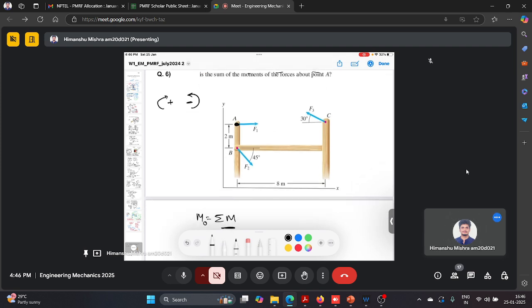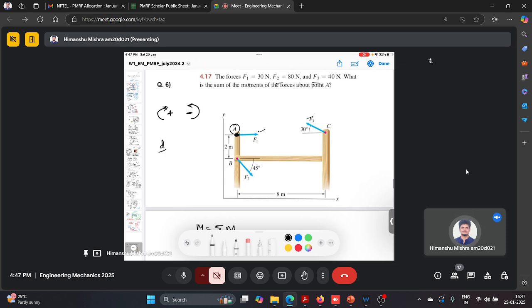First, as we discussed in the previous question, we need to define the perpendicular distance, which is d. The second thing is to determine the direction of the moment about point A. Since we have three non-zero forces here, the perpendicular distance will determine if any of these forces have a non-zero moment about point A.